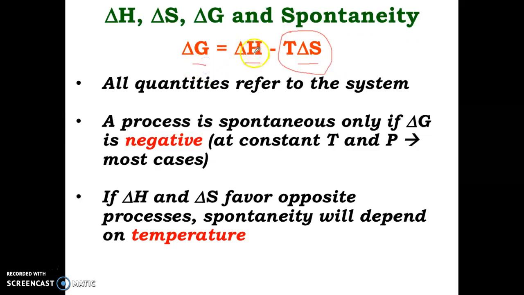Right now, delta H supports a spontaneous reaction, but delta S does not, so it is dependent on temperature, again in kelvins. If delta H is negative and delta S is negative, we want this section right here to be small.